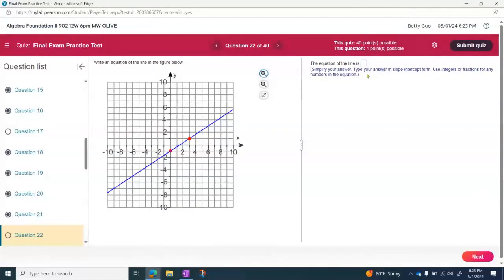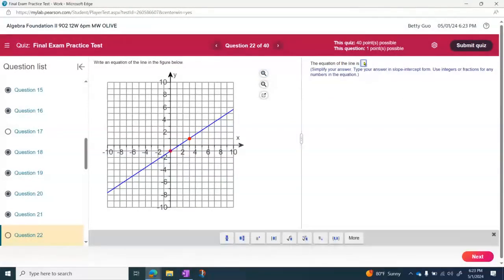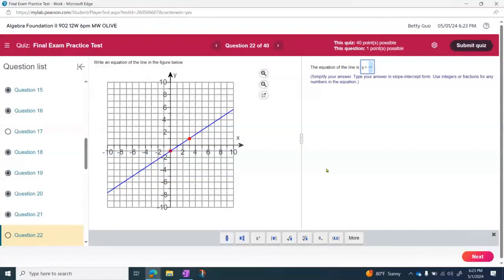Y equals 2/3, use this, 2 over 3, x minus 1. 2/3 x minus 1. Okay, very good.